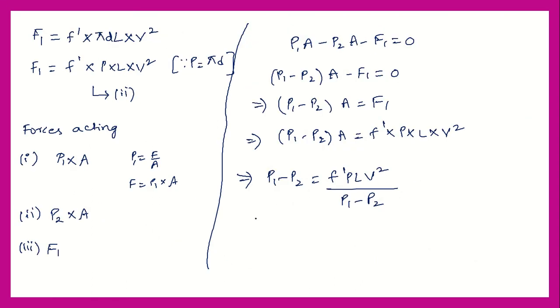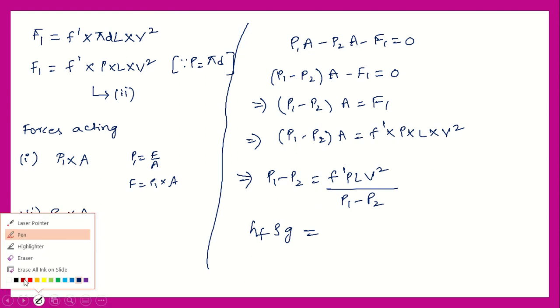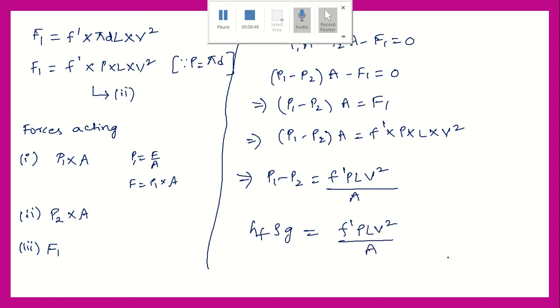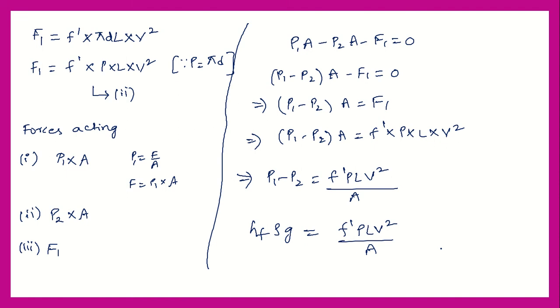So HF into rho g is equal to what now? Sorry, this is A, no? Just a second, I'll make the correction. So this is A. Finally HF rho g will be equal to F dash P L V square by A. And what is my concept about calculating HF?